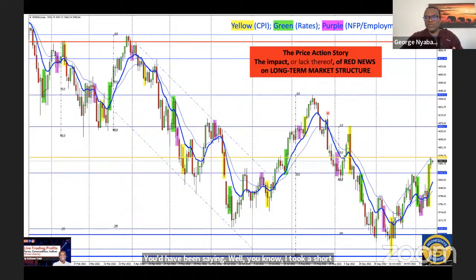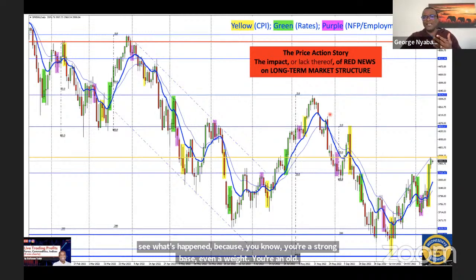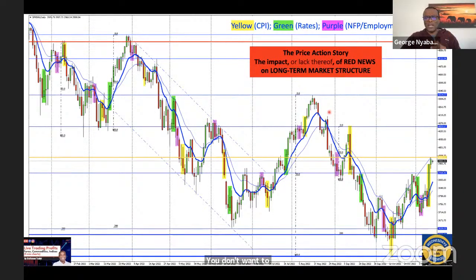Maybe you've pulled it down to here, and you're waiting to see what's happening because you're a strong bear, so you're going to wait, you're going to hold, you're not going to just exit out of it. You're not scalping. Don't know many people who scalp on the daily time frame, but as a swing trader looking for long moves, you've assessed all of this stuff and you're holding your stop above here.